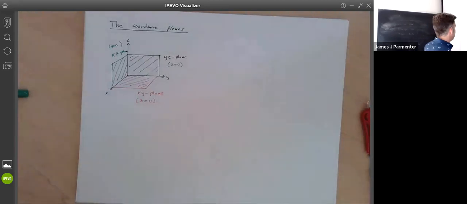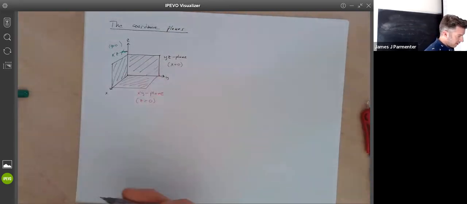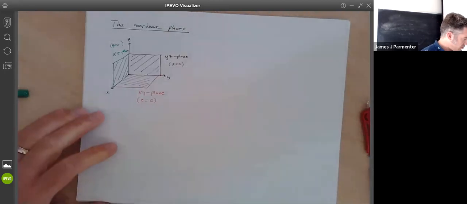A plane typically, one of the flat planes, is where one coordinate is equal to a constant. Either x equals a constant or y equals a constant, z equals a constant. These are the planes we look at often, but there are also other planes.